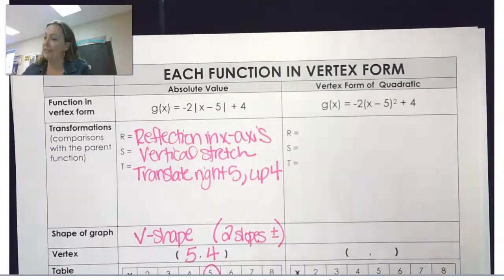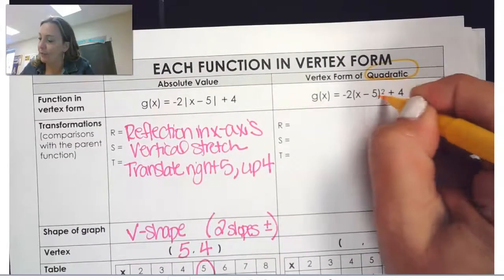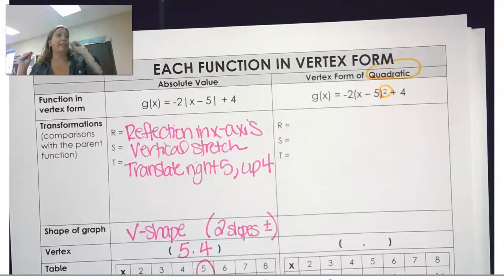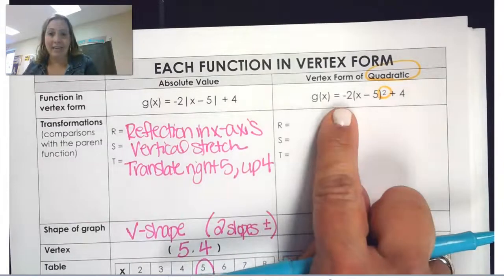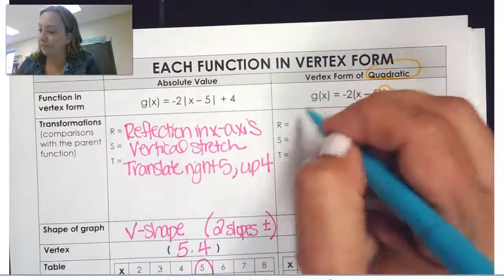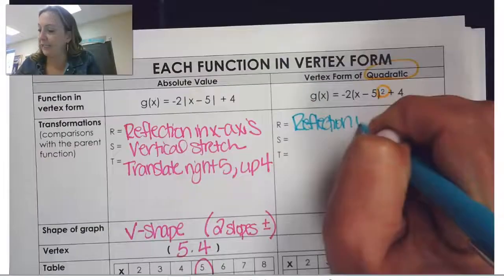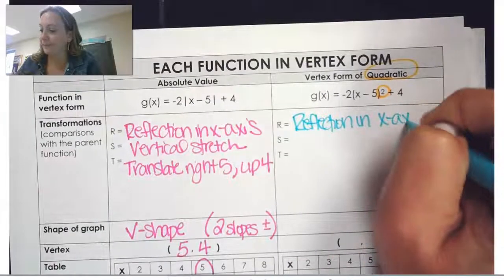Well, guess what? It's going to be very similar as far as this quadratic. Once again, we can tell that it's a quadratic because we have a quantity that is squared. And the cool thing is that the A, H, and K qualities affect the quadratic the same way that they affect the absolute value. So this negative with the coefficient in front tells us that there's going to be a reflection in the x-axis.